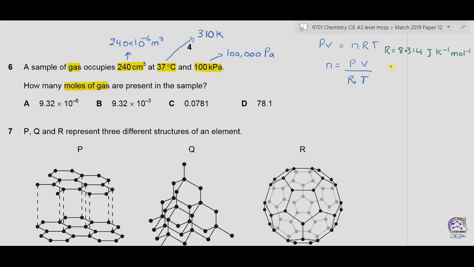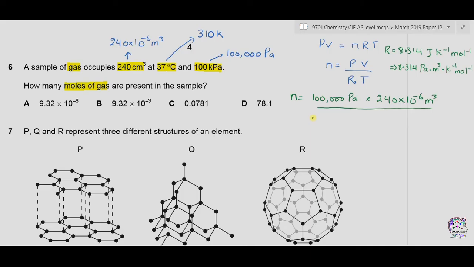We can also write this as 8.314 pascals times meter cube per Kelvin per mole. Now putting these values in the equation, we have 100,000 pascals pressure, 240 times 10 to the minus 6 meter cube volume.